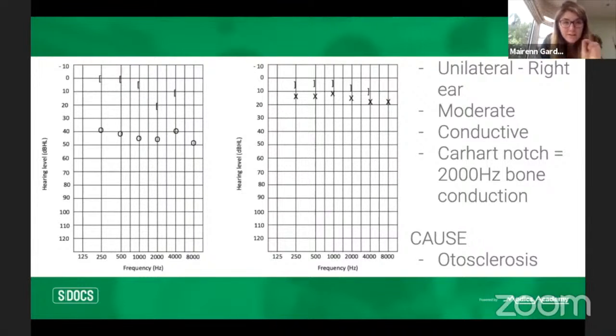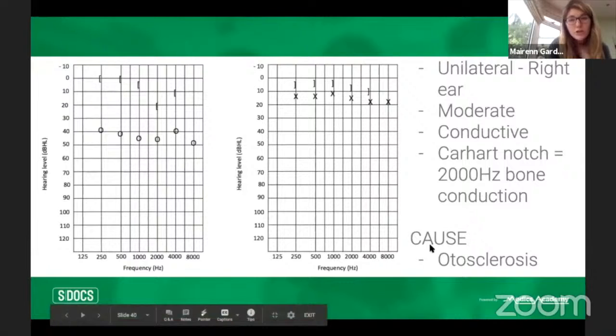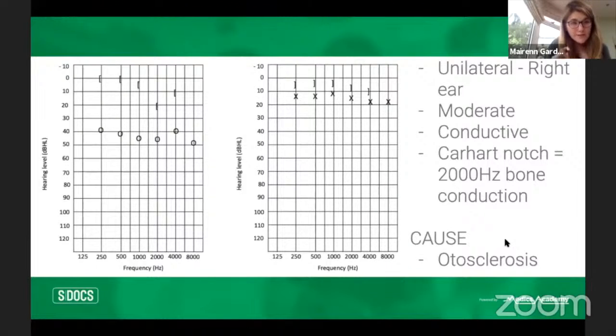It's important to try and remember for any MCQ questions that come up: the Carhart notch at 2000 Hertz for bone conduction. Even though it's relatively normal, they'll still have this dip at this level. And this is indicative of otosclerosis, so damage to the stapes bone, like I was explaining in part 2.